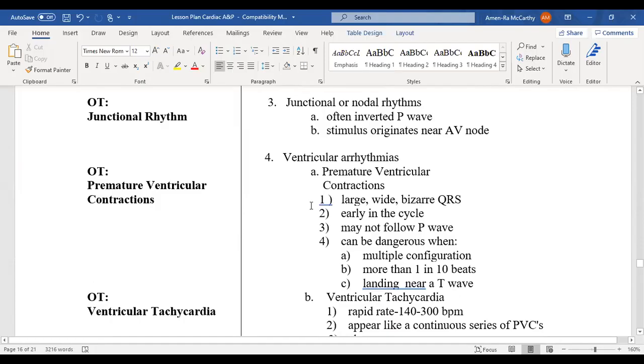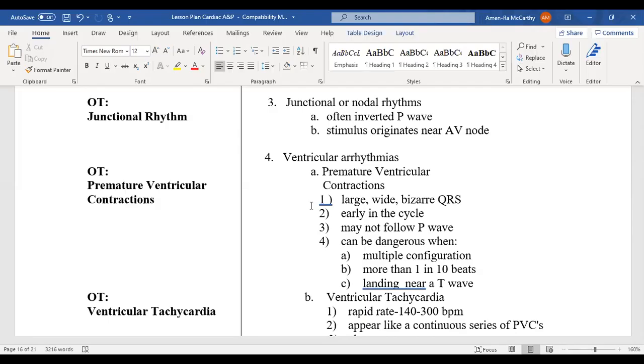Now we have some ventricular rhythms or arrhythmias, all right? PVCs, what happens? That's when you have a QRS out of place and it does not follow a pattern, a QRS that does not follow a P wave, right? Because you're supposed to have P, QRST, P, QRST.